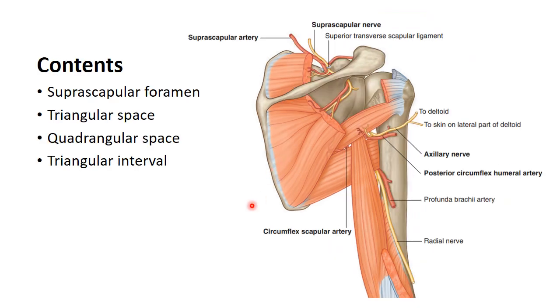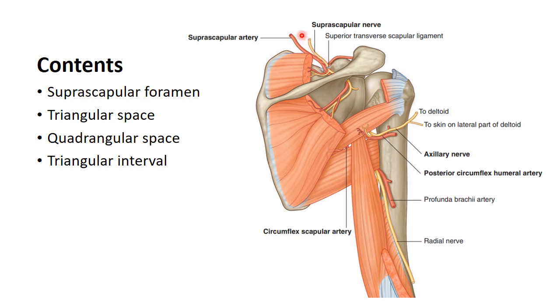What are the contents of these gateways or spaces? The first one, the suprascapular foramen, traverses the suprascapular nerve only, while the suprascapular artery and vein pass outside the foramen.